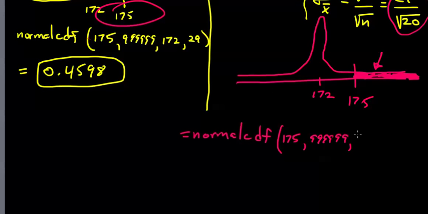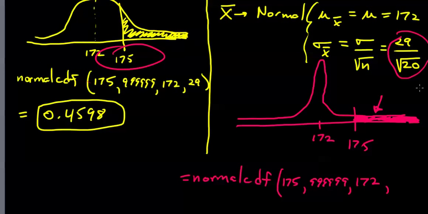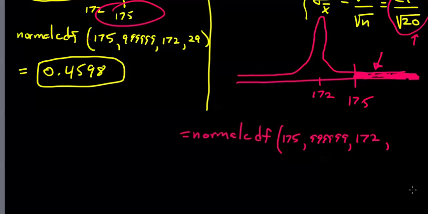In the non-standard case here, our mean is 172. And our standard deviation, remember that changed. It's 29 over the square root of 20. You can grind this out ahead of time and put in a decimal approximation, but I like to plug it into the calculator just like I see it there. Let me show you how to do that.